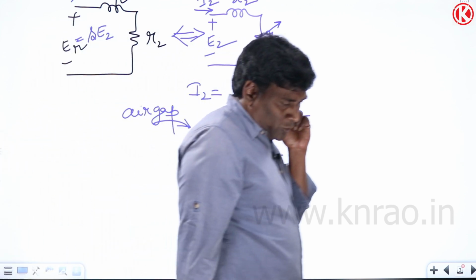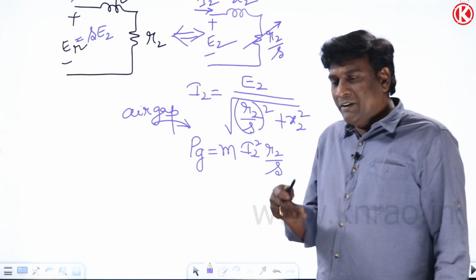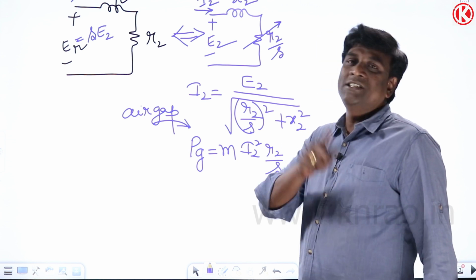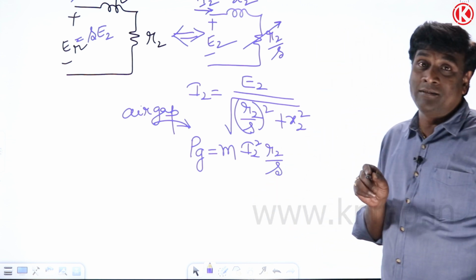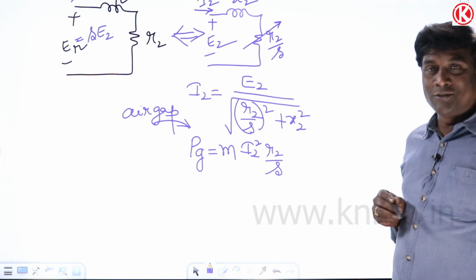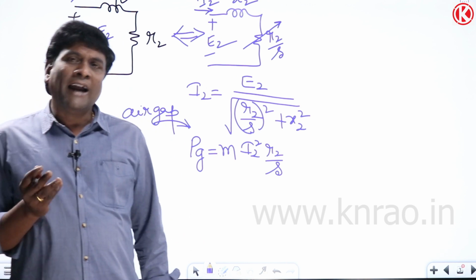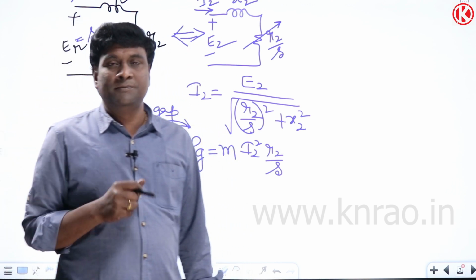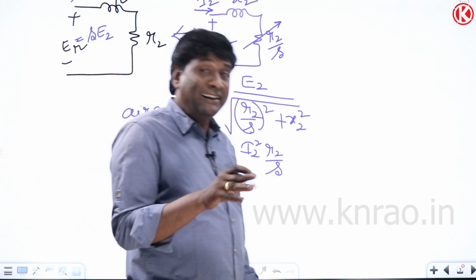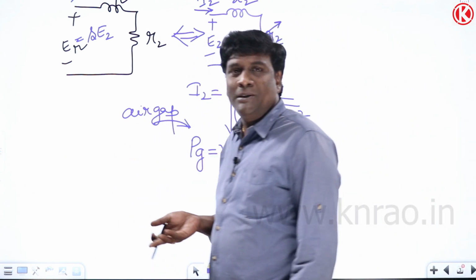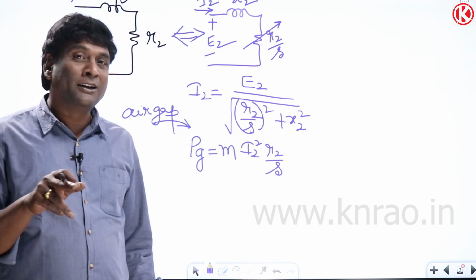Now one thing here, if I compare with other machines, induction motor efficiency will always be less than 1, including under ideal conditions also. For example, for a DC generator or motor, ideal conditions efficiency will be how much? 100%. For a transformer, ideal conditions efficiency is 100%. For a synchronous machine, ideal conditions efficiency is 100%.